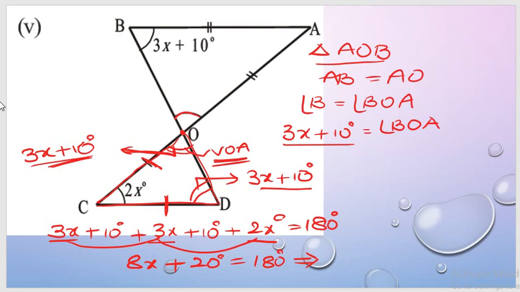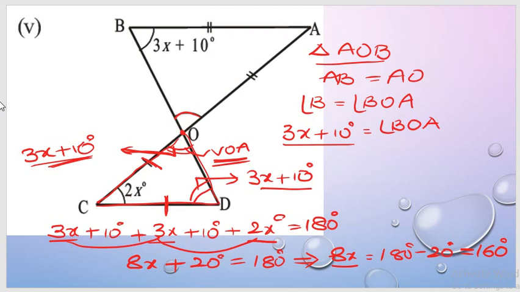Which implies 8x is equal to 180 degrees minus 20 degrees, because we have plus 20 here, and if you transpose it, it becomes minus 20. 180 degrees minus 20 degrees is 160 degrees.